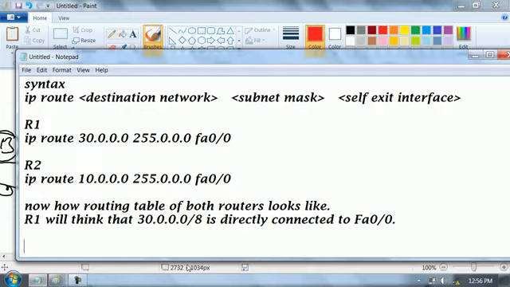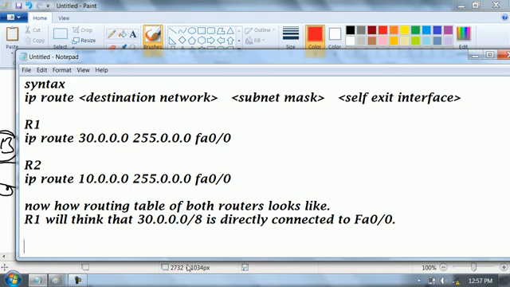If R1 has to send traffic to 20's network, what will R1 do? R1 will send traffic out of which interface? The exit interface, FA0/0. The same thing you are telling R1, that if you want to reach 30's network, send traffic out of FA0/0.